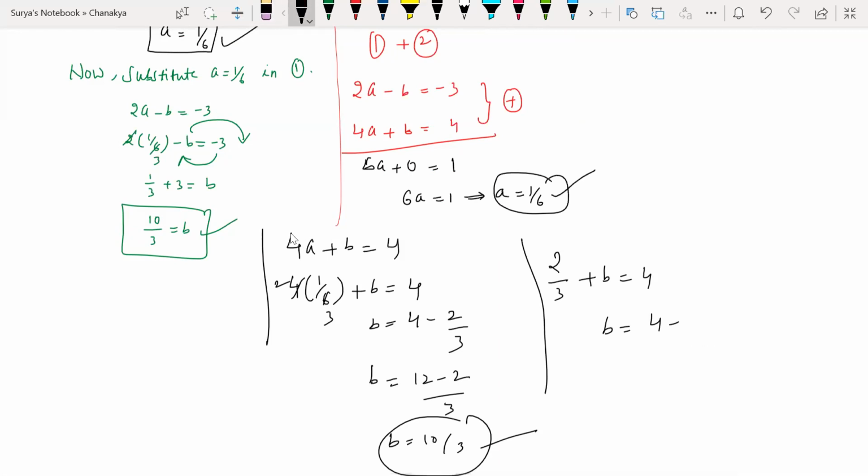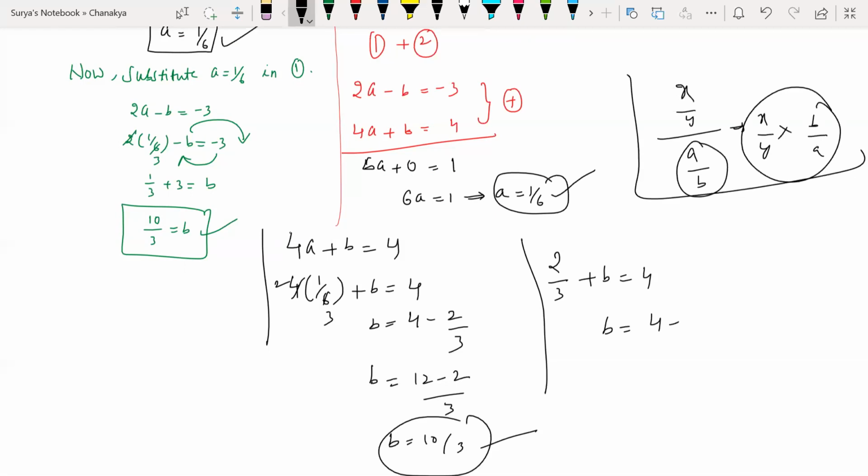If you have two fractions like x by y divided by a by b, then you can take the reciprocal of the denominator and you'll get b by a here. That is a different concept, we are not talking about that right now. So here it is plus 2 by 3. If I shift it to the right hand side, I'll get minus 2 by 3. So b is going to be 4 times 3 is 12, minus 2 by 3.